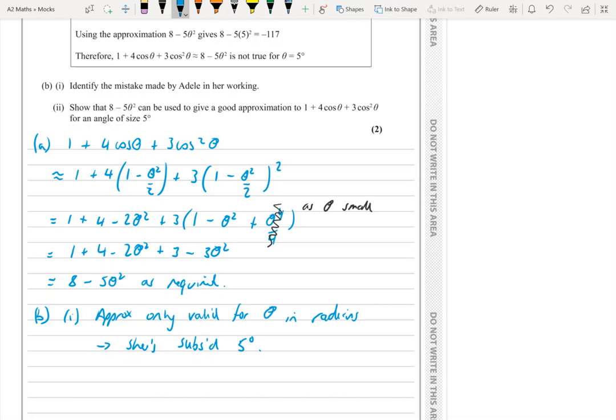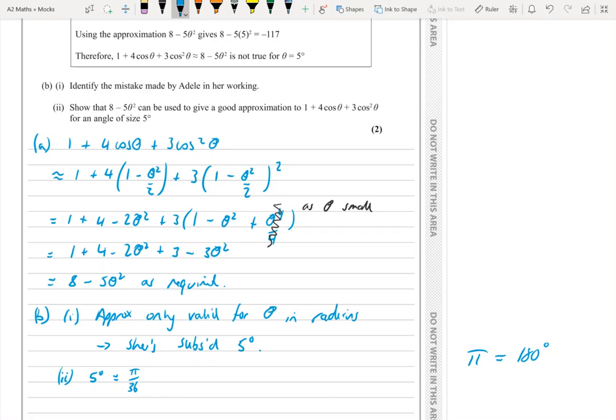Okay, that's the mistake. So how can this be used as a good approximation? Well, the 5 degrees needs to convert to radians, and remember in general, pi radians is 180 degrees, so 5 degrees is pi over 36. Show how that can be used to give a good approximation, so I guess they want us to actually do that.